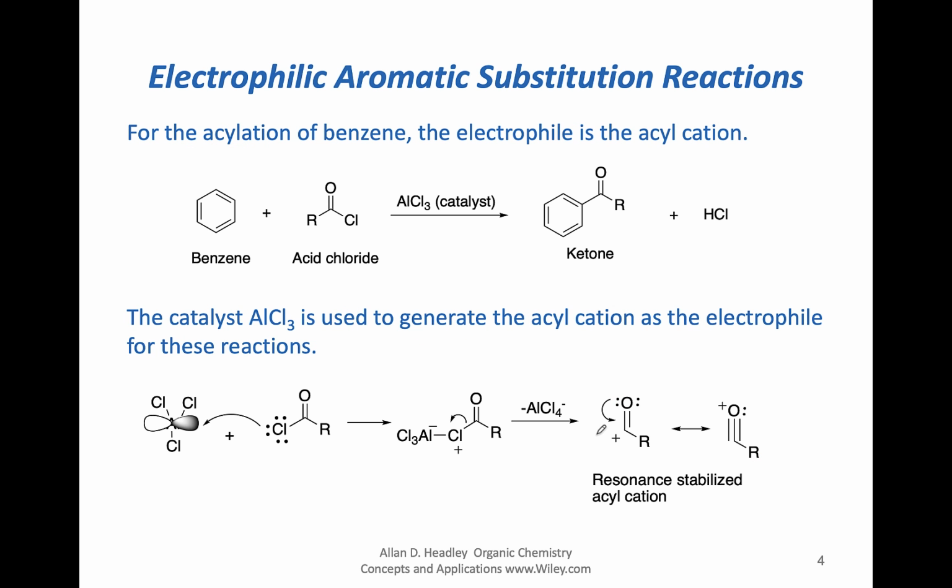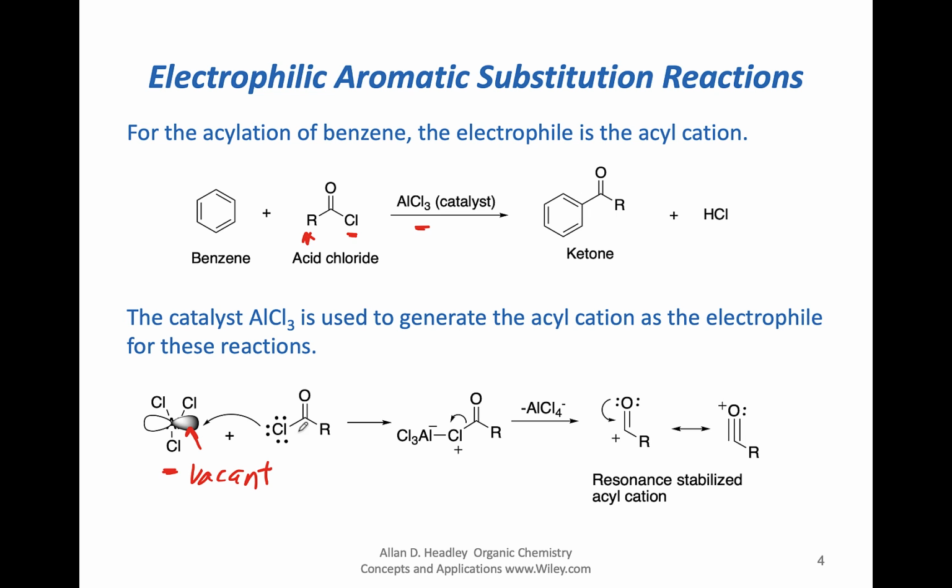Let us look at the mechanism though, so we can make sure we understand what's happening here. So here's the general reaction again. R, an alkyl-containing group, a carbon-containing alkyl group, and an acid chloride. Catalyst. Here's the catalyst, AlCl3. It has a vacant orbital. Notice here, vacant.